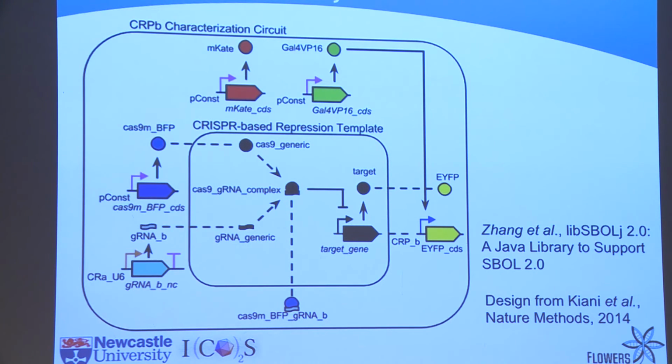In this system, a specific version of Cas9 is mapped to the generic Cas9 in the template, and our own guide RNA, which can point this complex to this promoter, is mapped to the generic guide RNA, and the target gene is mapped to a fluorescent protein encoding sequence, EYFP.